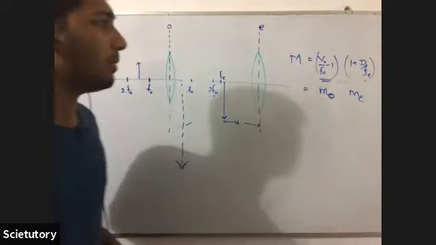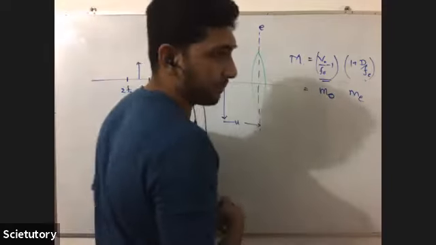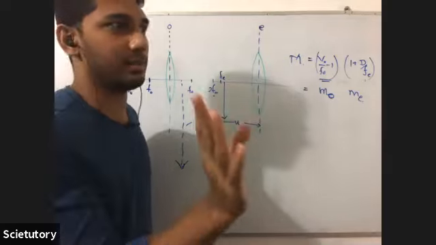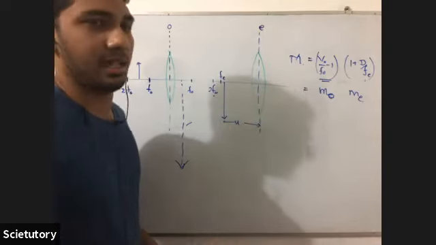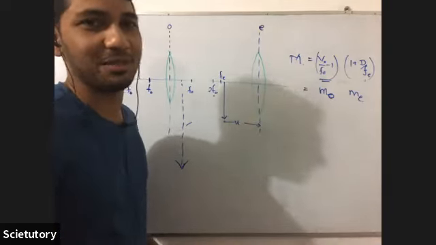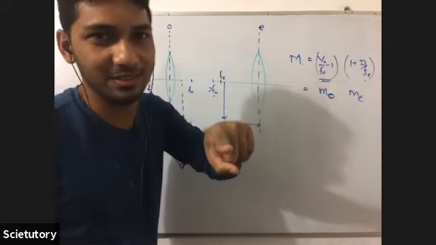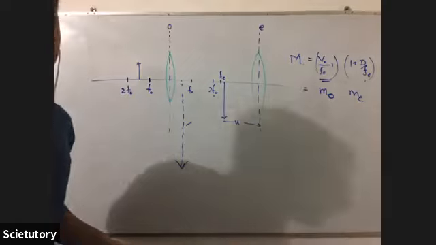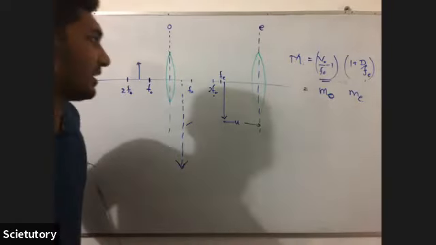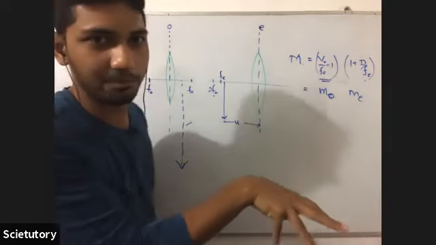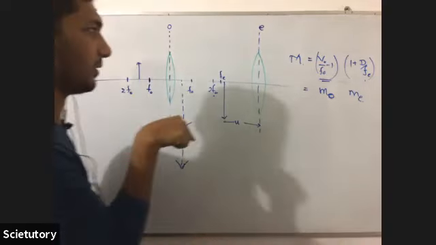You should be able to derive this equation from the basic equation for angular magnification. You should revise the theory. It seems like you all are not confident about this, so it needs revision. It's my responsibility to point it out. You should also be able to draw a ray diagram. Don't forget the arrows.